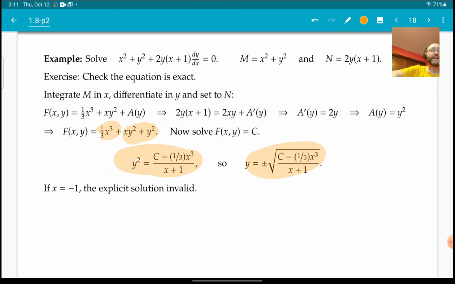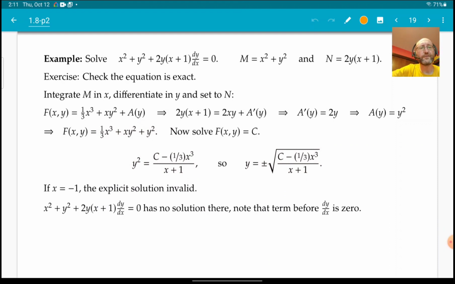So those are your explicit solutions. At x equals -1, this is invalid because it's clearly not going to work. If I'm looking for y explicitly as a function of x, this has no solution there. One place you see why that's true is that the term before this gives 0 there.